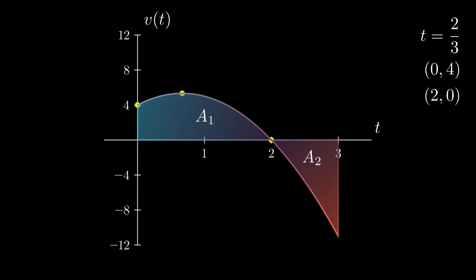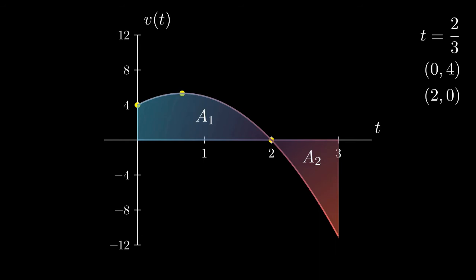One thing we have to recognize is that from 2 to 3, the area is below the t-axis. So you're going to get a negative area or a negative distance. What we need is the total distance, so we need to think of this as the absolute value.